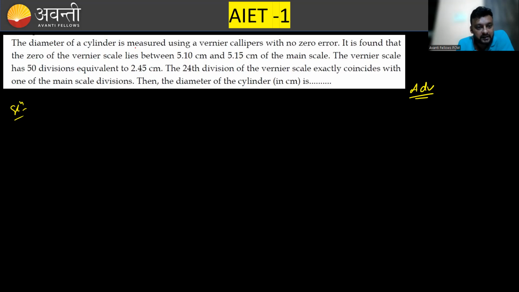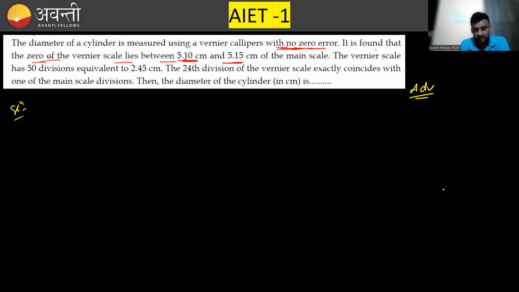The diameter of a cylinder is measured using a vernier calipers with no zero error. That means there is no zero error. It is found that the zero of the vernier scale lies between 5.1 and 5.15 centimeter of the main scale.